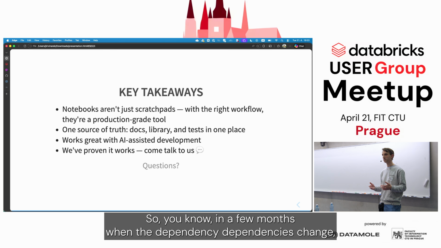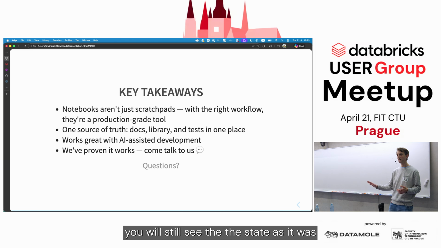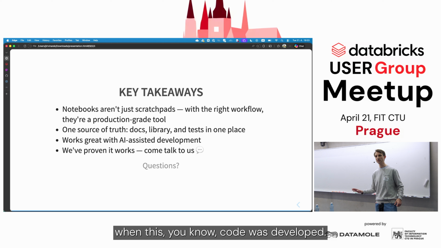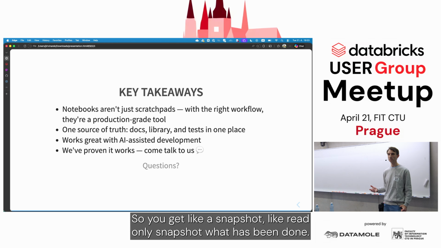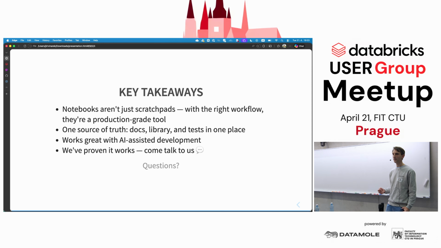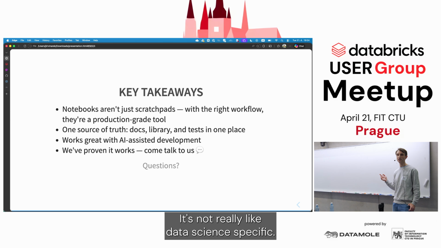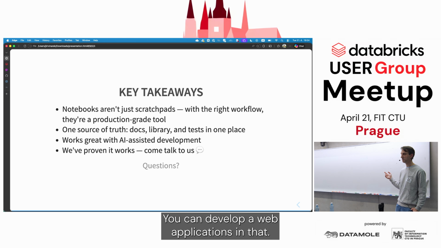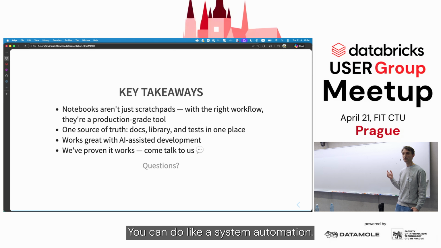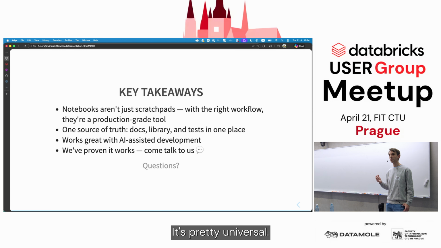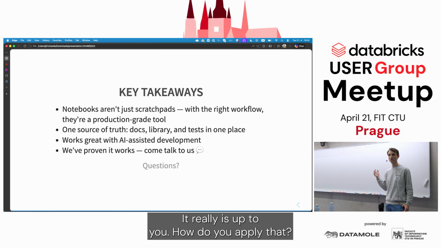So in a few months, when the dependencies change, you will still see the state as it was when this code was developed. You get a read-only snapshot of what has been done. But otherwise, it's not really data science specific. You can develop web applications in that. You can do system automation. It's pretty universal. It really is up to you how you apply it.